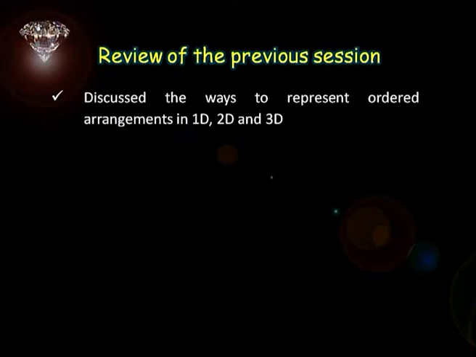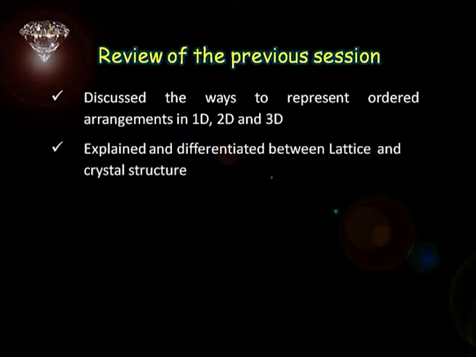Let's make a beginning by recalling what we did in the previous session. In the previous session, we discussed the ways to represent ordered arrangements in 1 dimension, 2 dimensions and 3 dimensions in terms of a lattice and things like that. Thereafter, we explained in detail the difference between the meaning of a lattice and a crystal structure. You will recall that a lattice is a representation of a 3-dimensional or any ordered arrangement, whereas crystal structure refers to the repeated pattern of the motifs in the crystal.